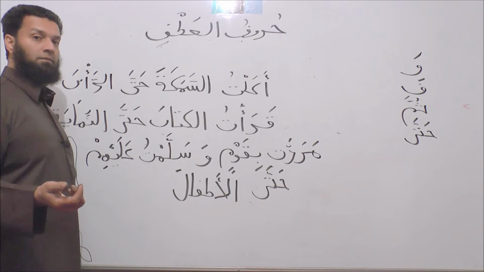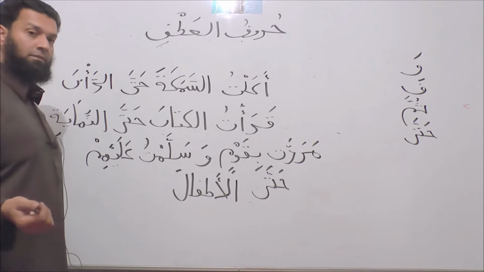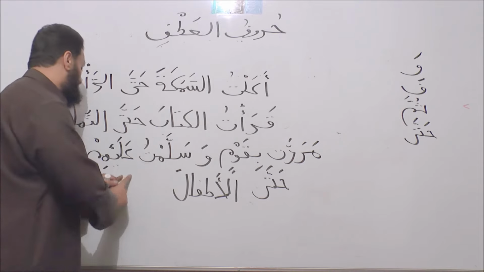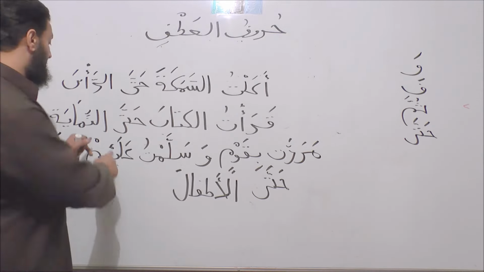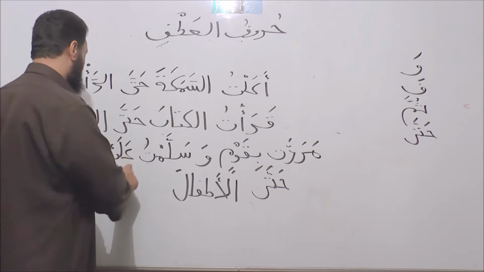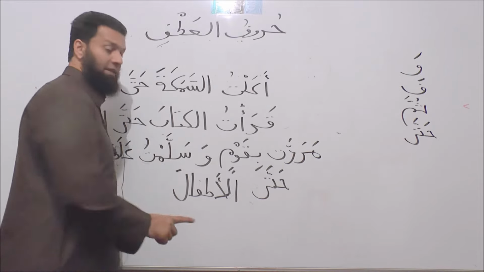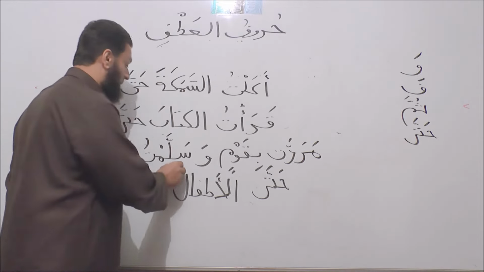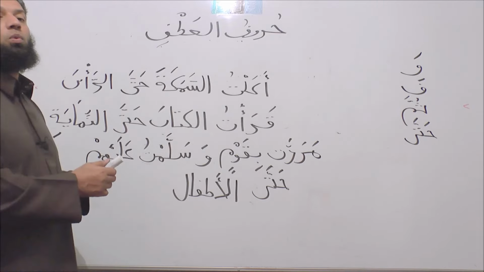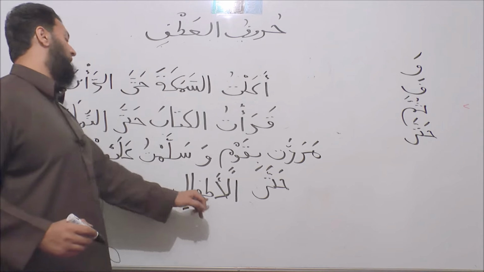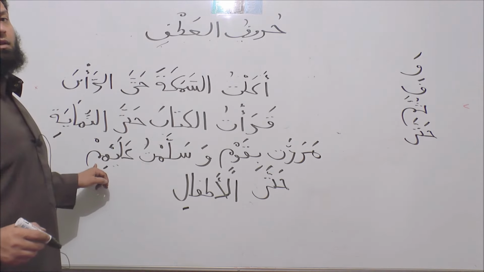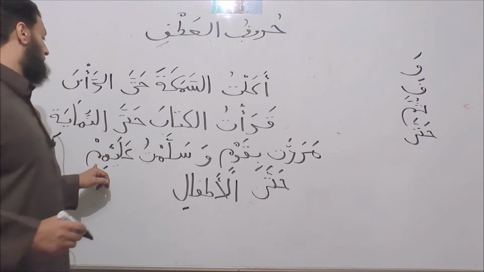This ala is a harfu jar. Yes, it's a harfu jar. So harfu jar makes him majrurun. That's right, that's jarun wa majrurun. So it would be majrurun and atfali, right, ya Muhammad. So atfali becomes majrurun. Why? Because it's al-ma'tufu ala majrurin. It's connected to him.